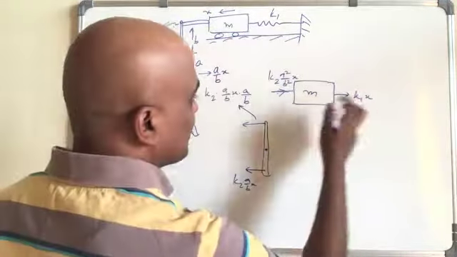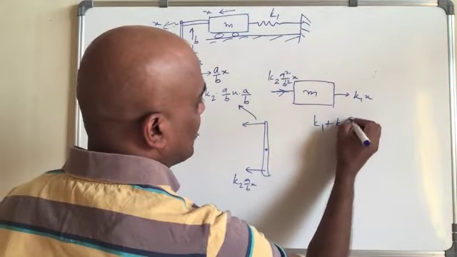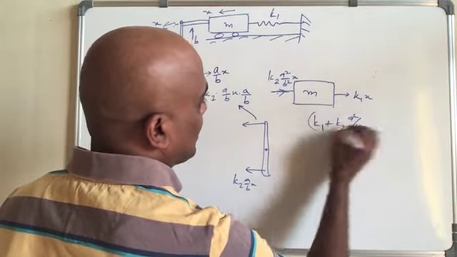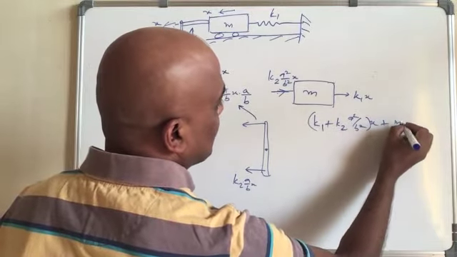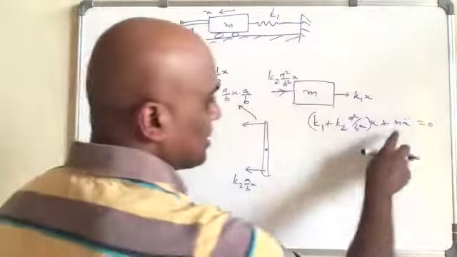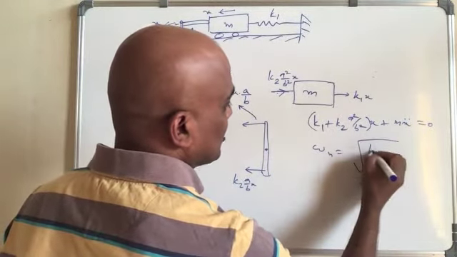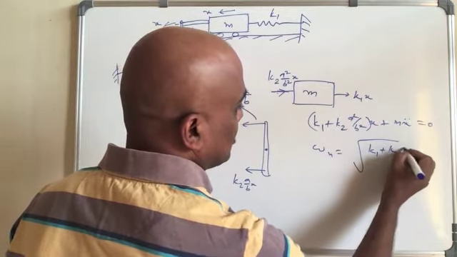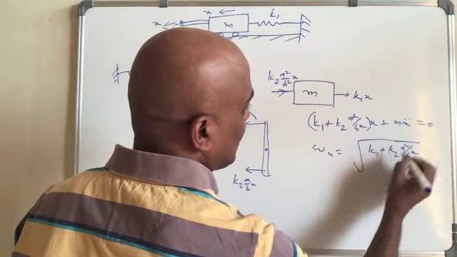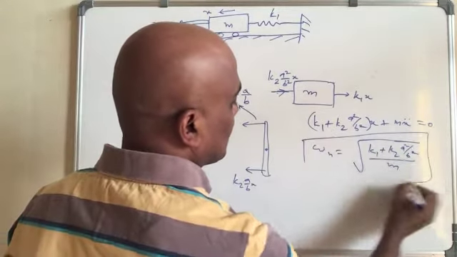So the total force will be k1 plus k2 a square over b square times x, plus m x double dot equal to 0. And hence the equation of omega n becomes root of k, so k1 plus k2 a square over b square, divided by m. So this will be omega.